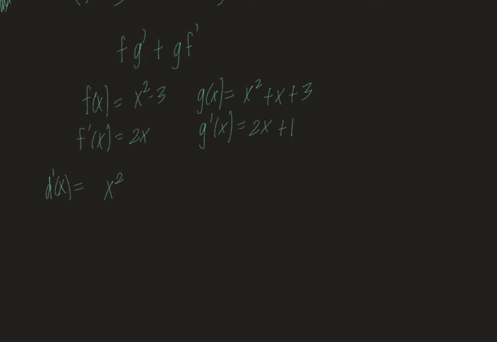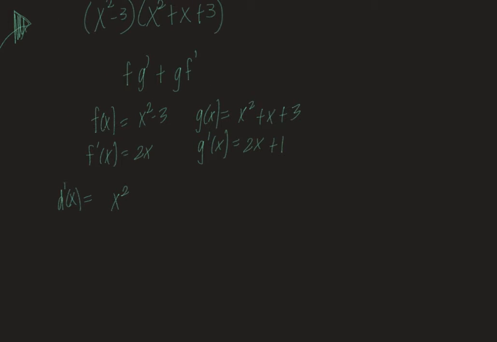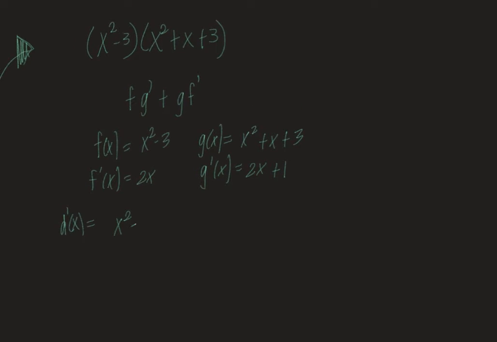Okay, so product rule says f times the derivative of g, so first times the derivative of the second. Well, we wrote that right here.